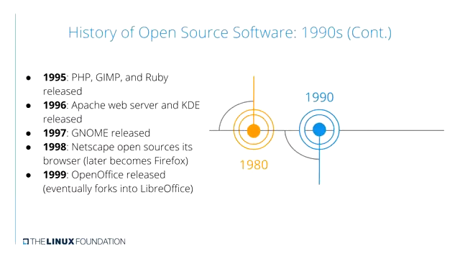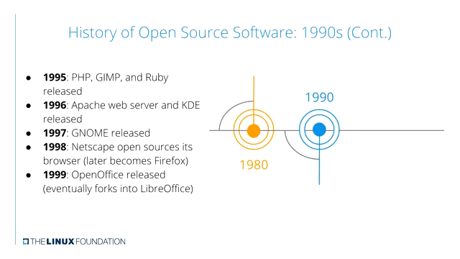And further later in the decade, there were many more important products released we still use today, such as the Ruby language, the Apache web server, which has the largest market share of web servers in the world. Both the KDE and GNOME desktops were released. The Netscape browser began a pattern that became common later of a closed source proprietary platform releasing its source so that other people could see it and contribute to it.